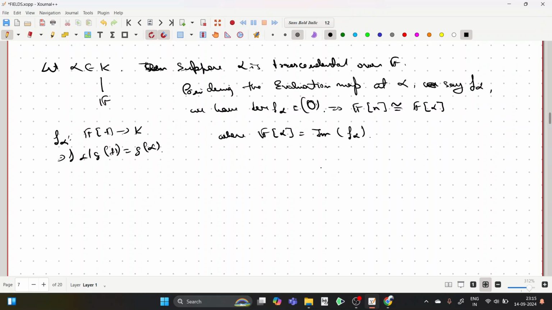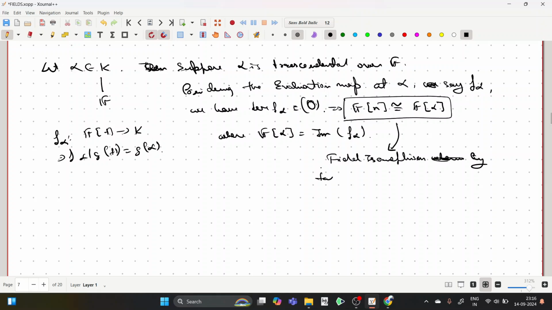But the point here is that F[x] is an integral domain, so this is an integral domain isomorphism. But I can immediately talk about a field isomorphism in this case, an isomorphism in terms of fields, by taking the quotient fields of each of them.